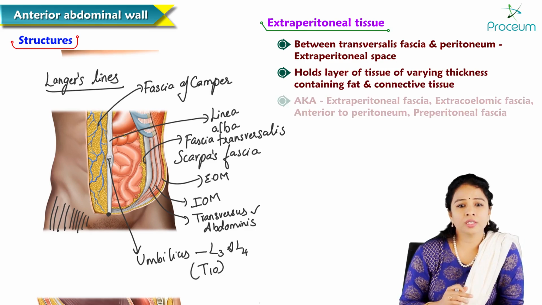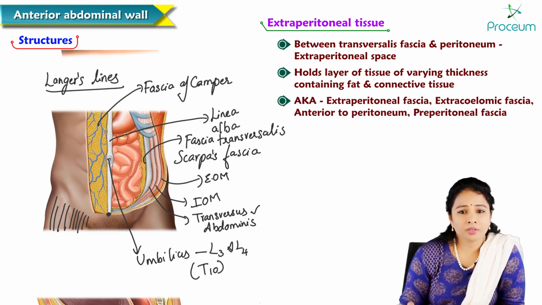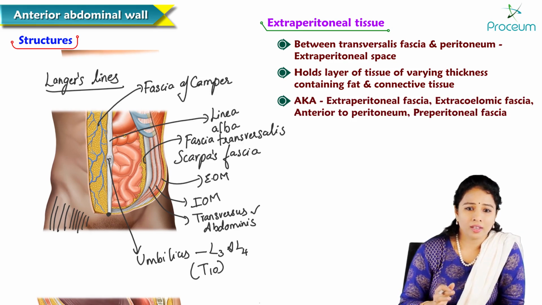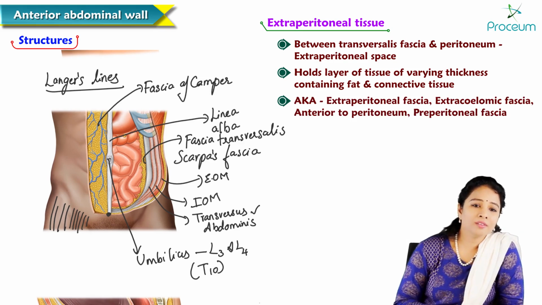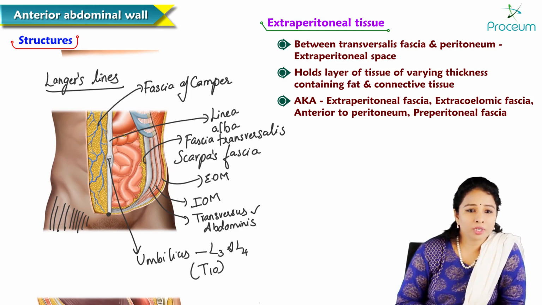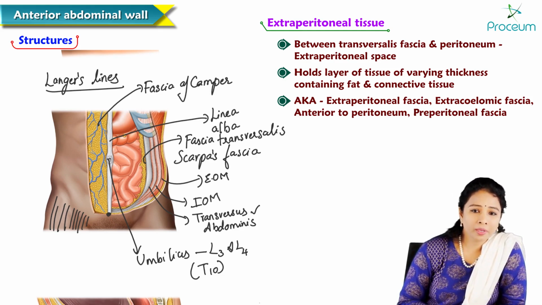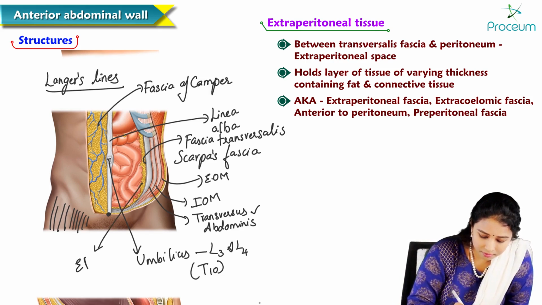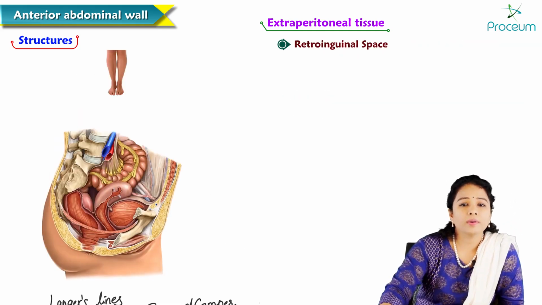This tissue is named extraperitoneal fascia, extracoelomic fascia, or preperitoneal fascia. So you can name it as extraperitoneal or preperitoneal, meaning anterior to the peritoneum. So this one is the extraperitoneal connective tissue or extraperitoneal fascia.